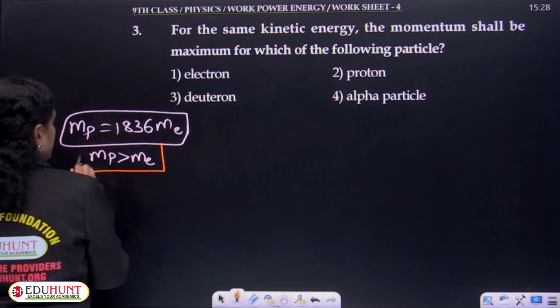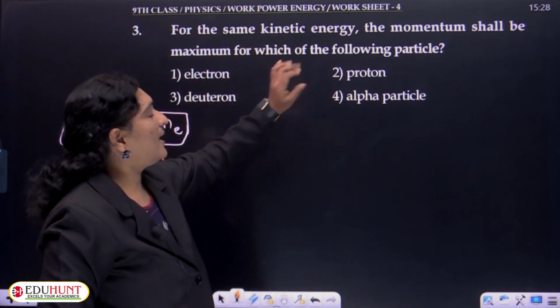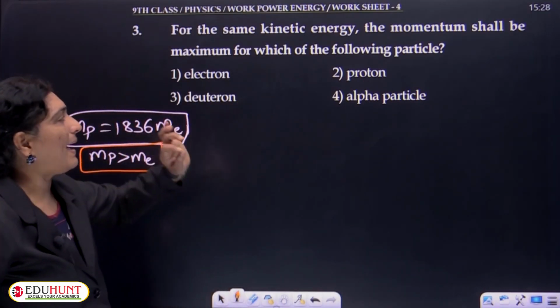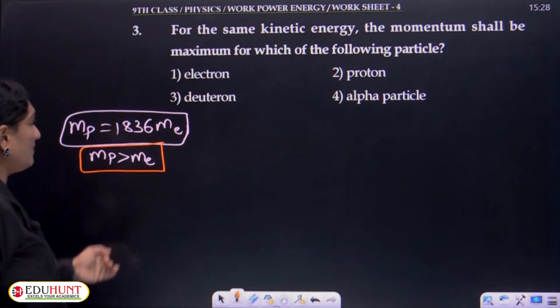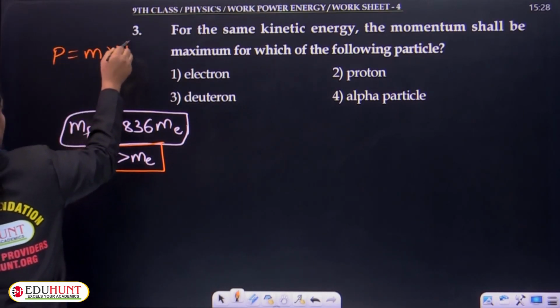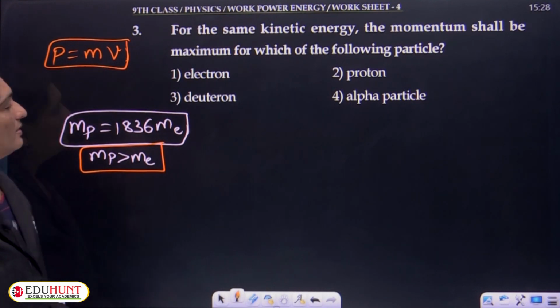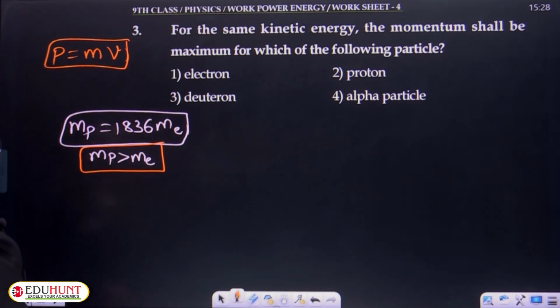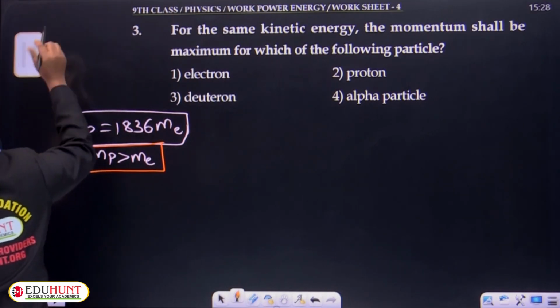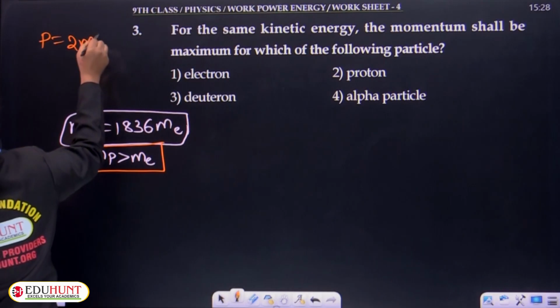This is one point. You are asked to find out for the same kinetic energy, momentum shall be maximum for which particle. First of all, momentum: what is the formula for momentum? Momentum equals mass into velocity. And kinetic energy is the same. So the relation between kinetic energy and momentum is P equals root over 2mK.